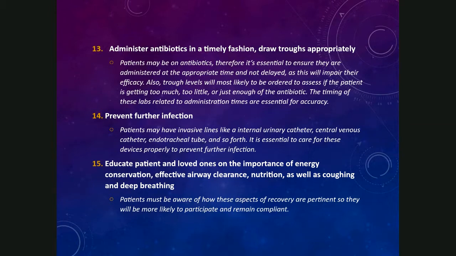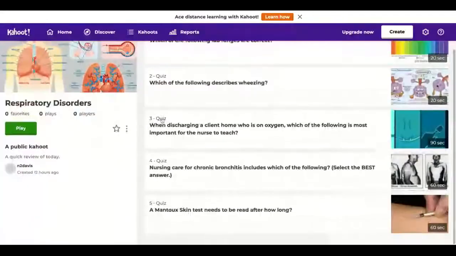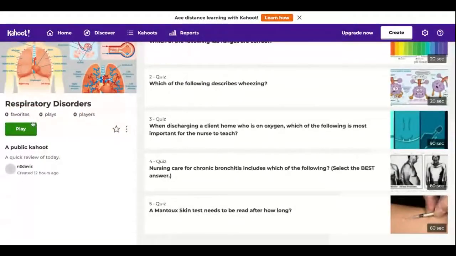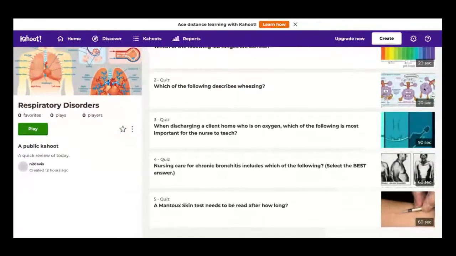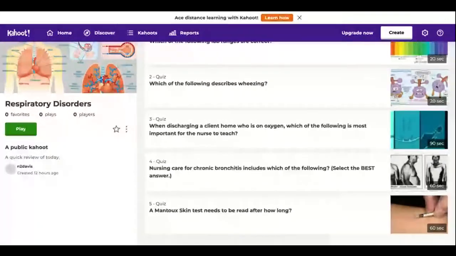How do I do that? How do I do that? Let me see if I can share it. So you guys are able to see that. Okay, so these are the questions.